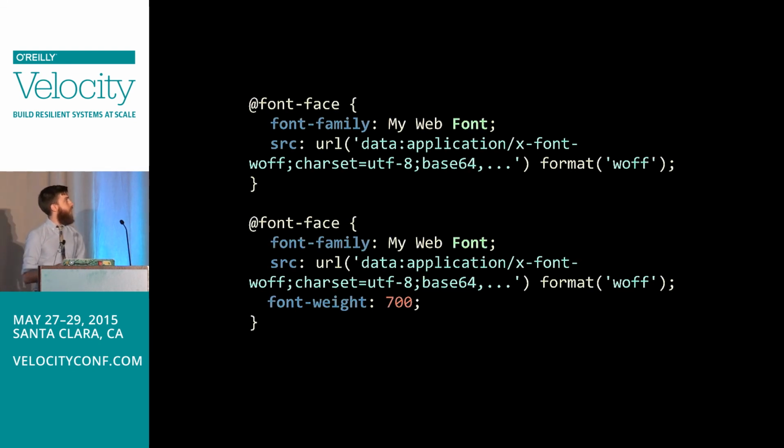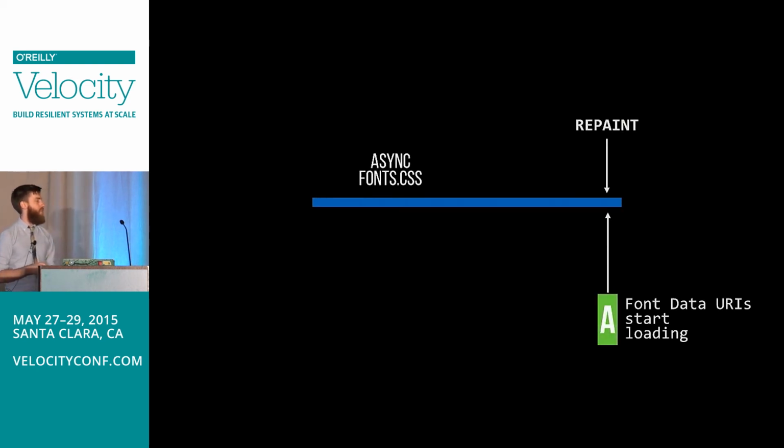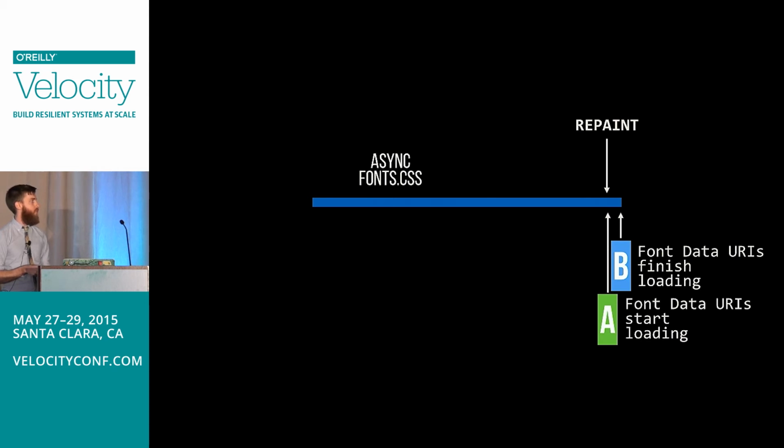And actually at Filament Group, we tried to use this for web font loading as well. So we stuffed our actual font formats into data URIs and loaded the big, giant style sheet asynchronously using Load CSS. Which actually worked pretty well, right? Because the font data URIs start loading here, and the font data URIs finish loading here, and we repaint here.